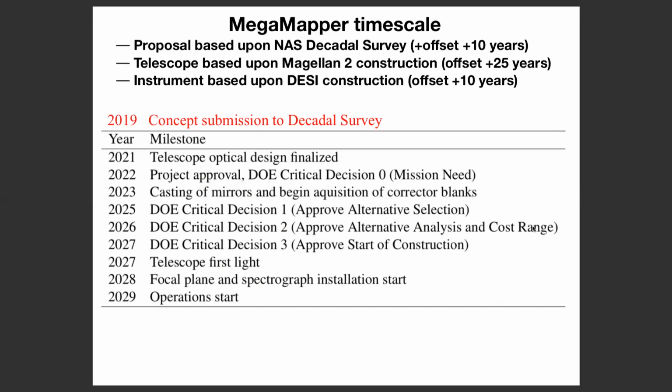When we worked this out, we said, let's take the DESI project dates and add 10 years. And for the telescope, we took the Magellan 2 telescope and added 25 years. And then we just used all of the dates along the way. And this is what it works out to. That's it. That's all I have.